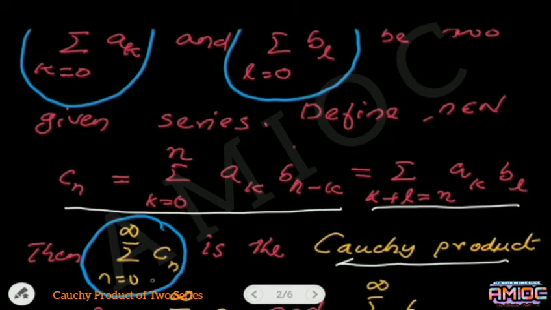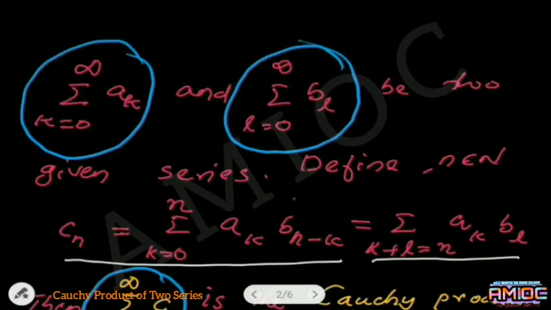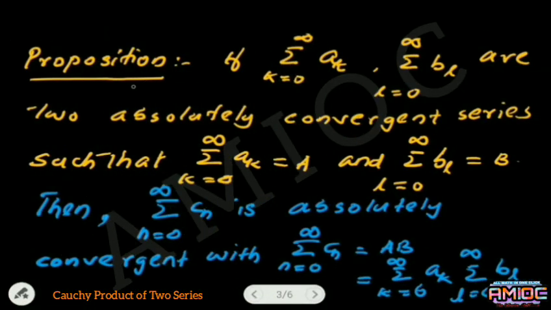There is a result which discusses the convergence of this Cauchy product series. Look at the result. The proposition says that if summation k equal to 0 to infinity a_k and summation l equal to 0 to infinity b_l, that means the two given series, are absolutely convergent.